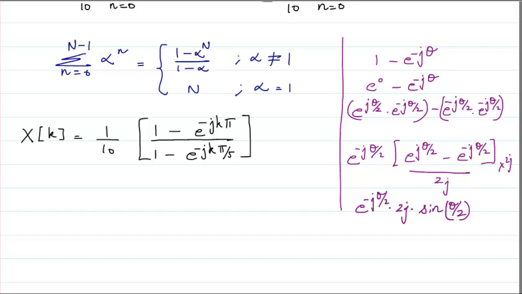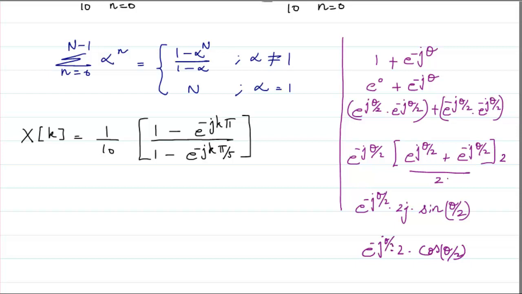Correct? Okay. Now suppose this would have been plus, and this would have been plus, here I would have put a plus, and instead of putting 2j I would have put 2, and that would have made this cos theta by 2, and instead of 2j it will be 2 e raised to power minus j theta by 2.